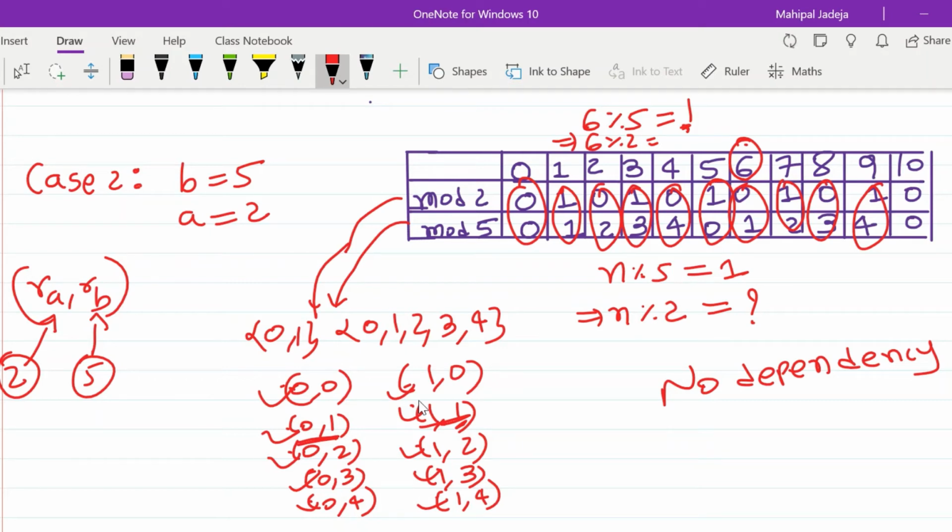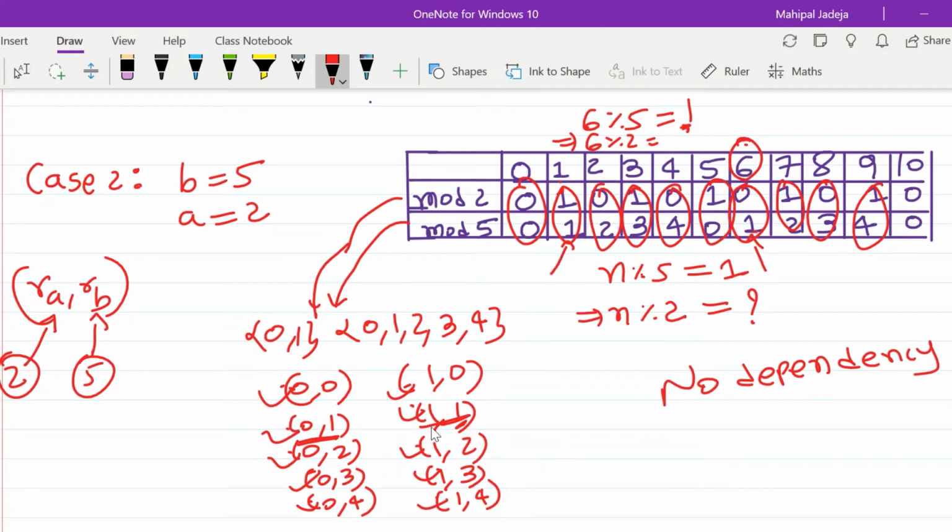Now let me consider one more example. You can verify that 6 corresponds to 0 and 1, and there will be a case like 1 corresponding to 1. You can see the 1 remains constant here.